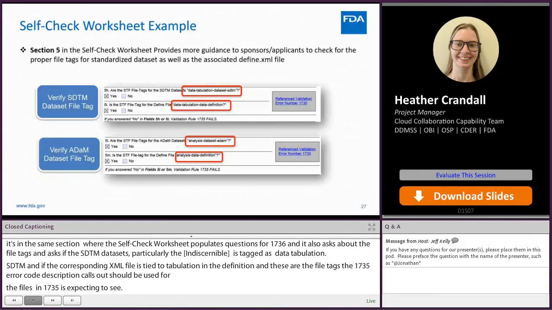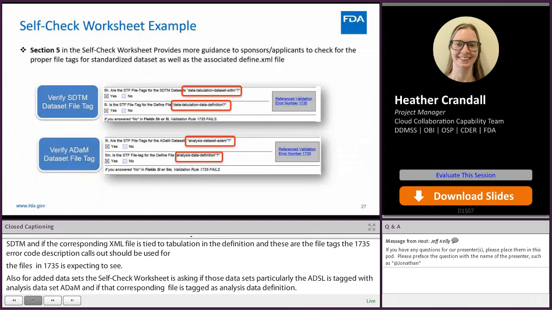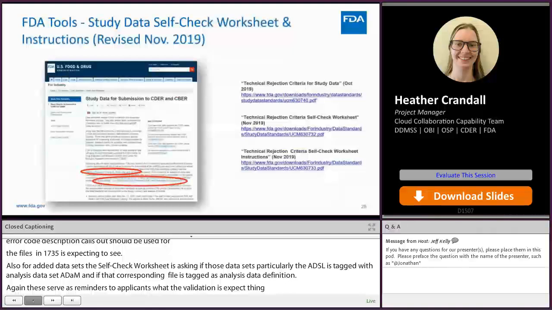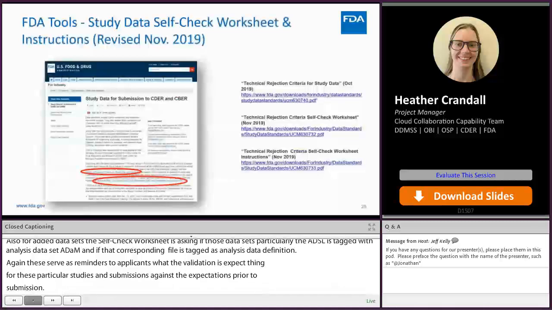So again, these serve as reminders to applicants of what the validation is expecting for these particular studies, so they can check their submissions against this expectation prior to submission. These are links to the pages where you can find the technical rejection criteria for study data documentation, as well as the self-check worksheet and the instructions for the self-check worksheet.